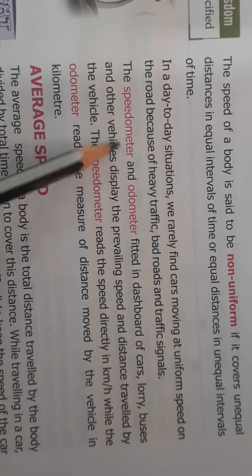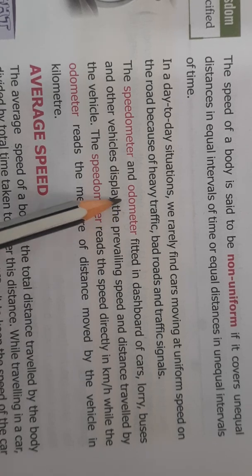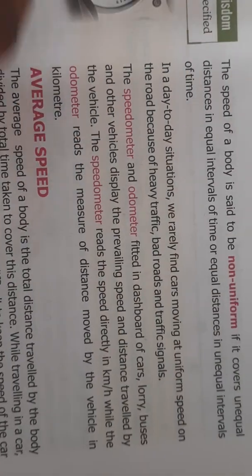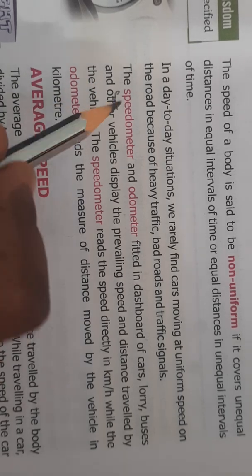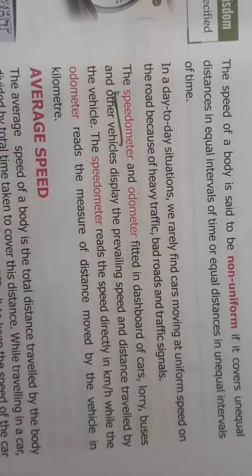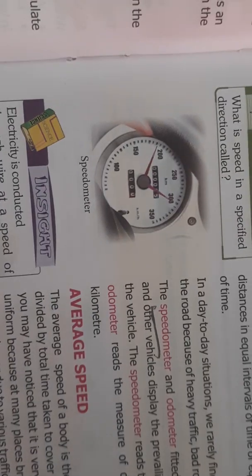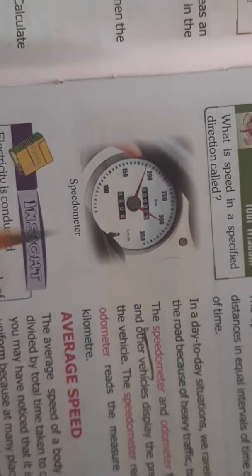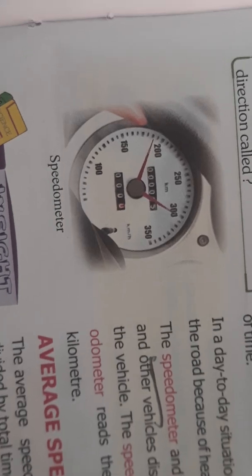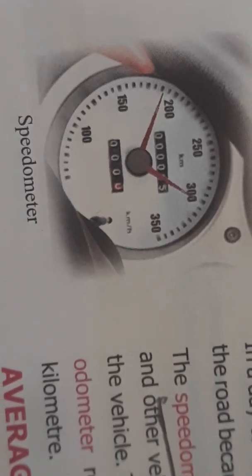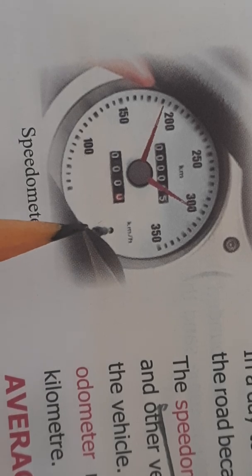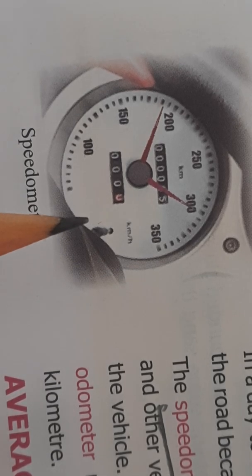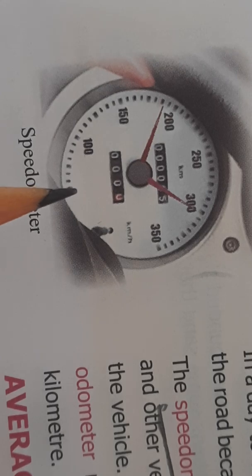Then we come to speedometer and odometer. What is speedometer? Children, you all must have seen the dashboards of your cars or your bikes and scooters. When you look at the dashboard, you will see like this. All those who have not noticed, after going through this video, just go out and look at your cars, your bikes or your scooties, anything.